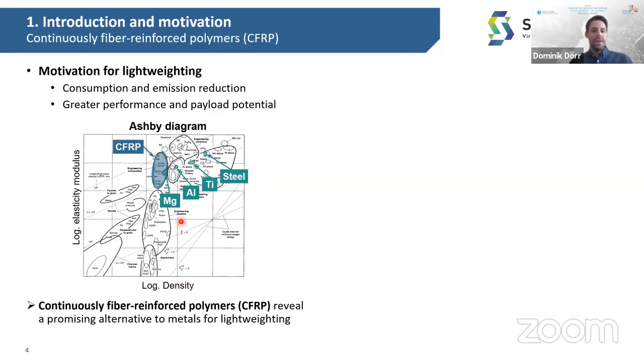We can see the usual metals, as well as continuously fiber reinforced composites. Because we want to achieve the highest elasticity for the lowest possible density, we can see that fiber reinforced composites behave very well here. So what we can summarize is that continuously fiber reinforced polymers are highly suited and a promising alternative to metals for lightweighting.